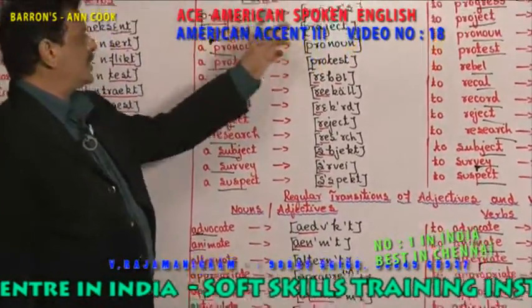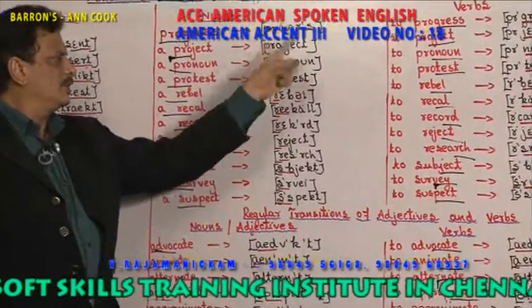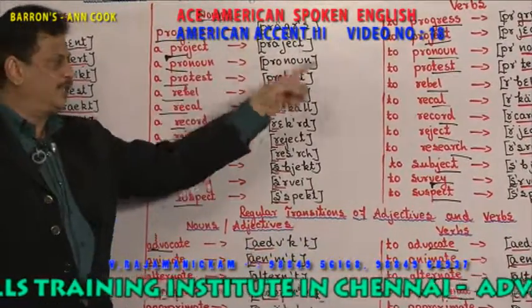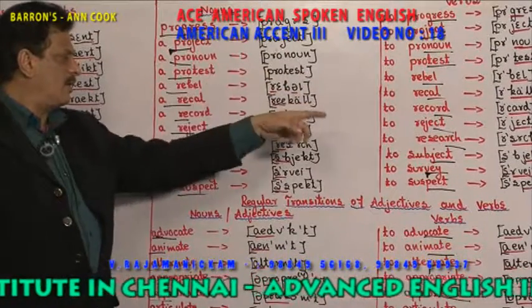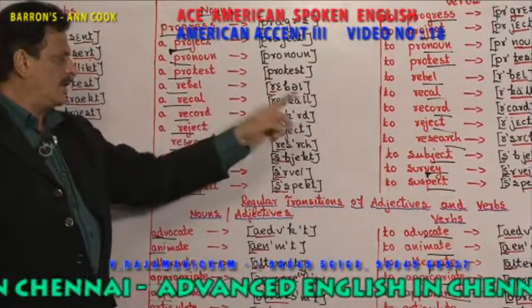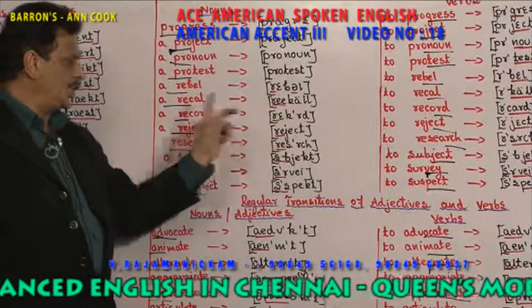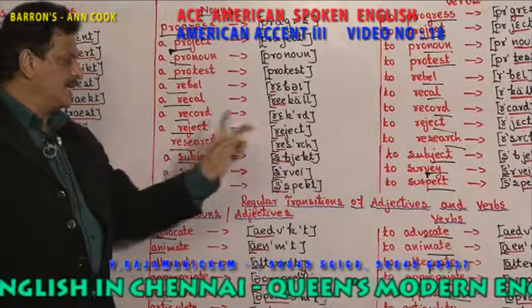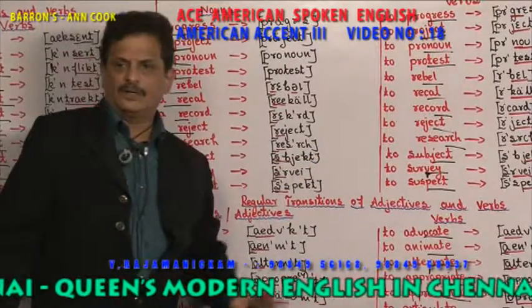Here, progress to progress. Project to project. Pronoun to pronoun. Protest to protest. Rebel to rebel. Recall to recall. Record to record. Reject to reject. Research to research. Subject to subject. Survey to survey. Suspect to suspect. Hope you are able to get it.